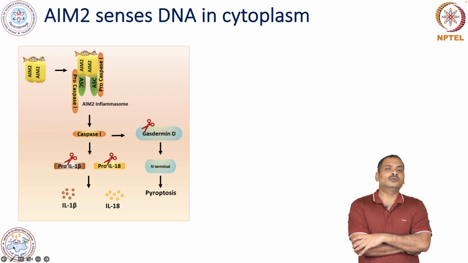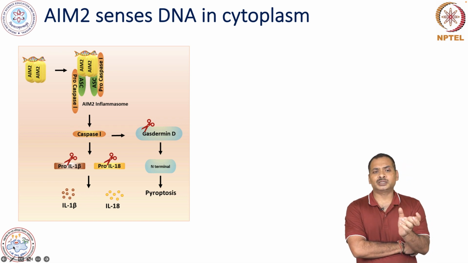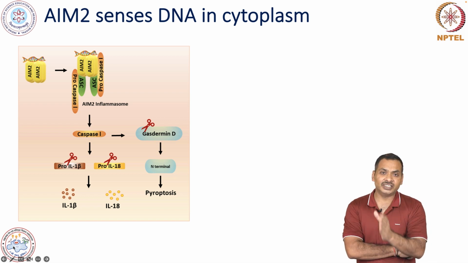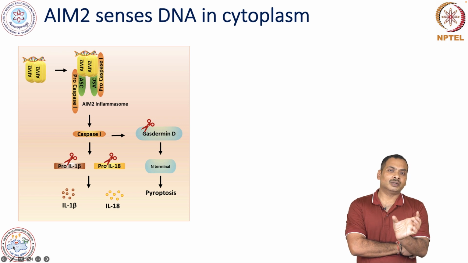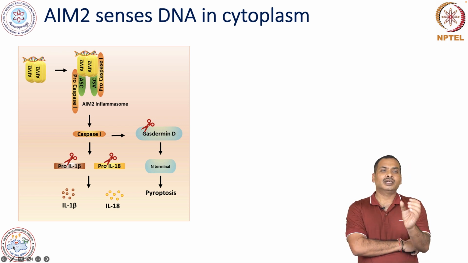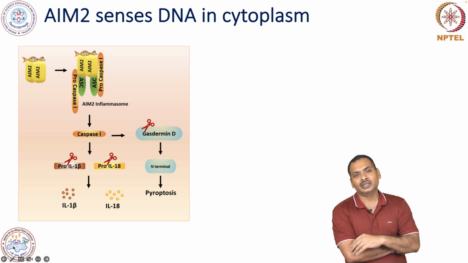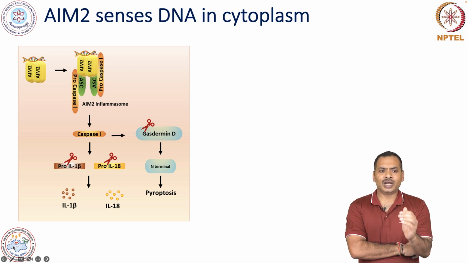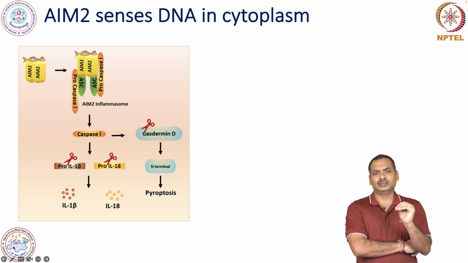Once this complex forms, procaspase is activated into caspase, and this caspase cleaves the inactive form of IL-1 family cytokines, which are present in pro form, converting them into the active IL-1 family cytokines. So, pro IL-1 beta is cleaved and IL-1 beta is produced, and pro IL-18 is cleaved and IL-18 is produced, which is the active form, and this is secreted.